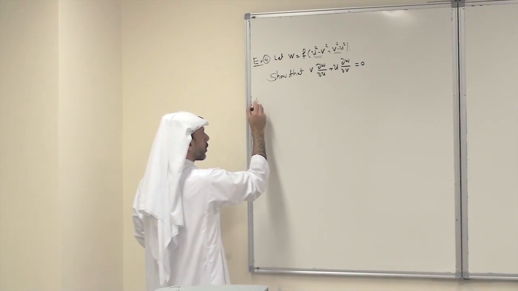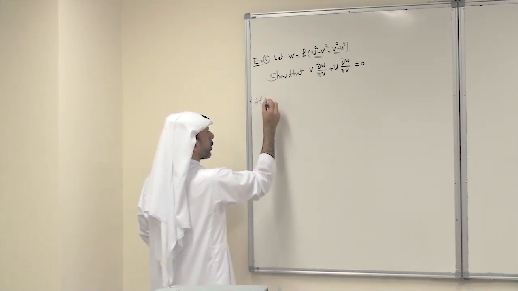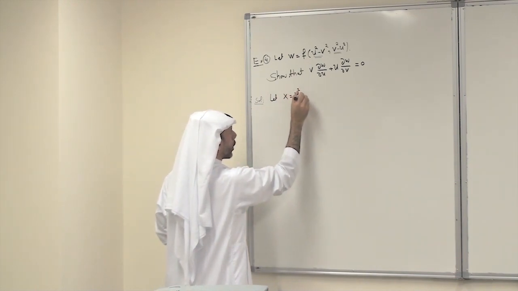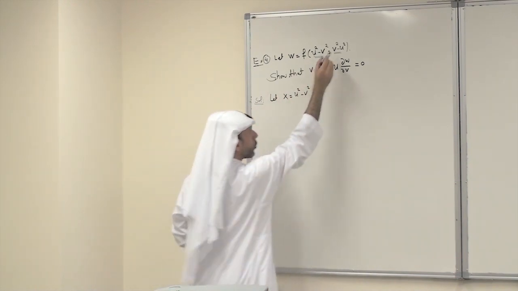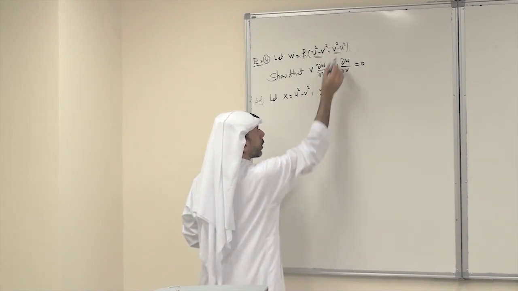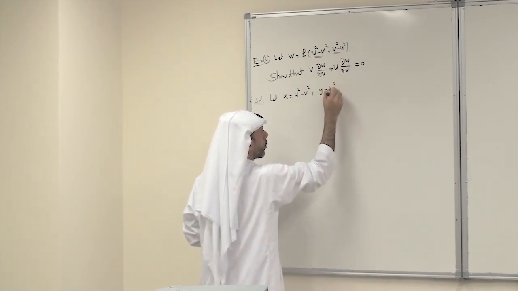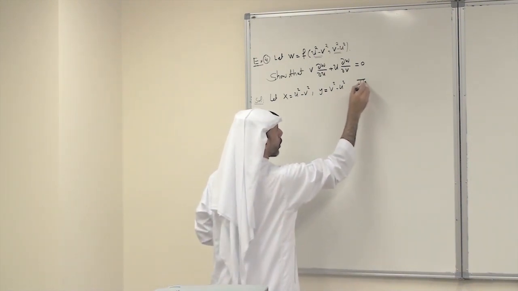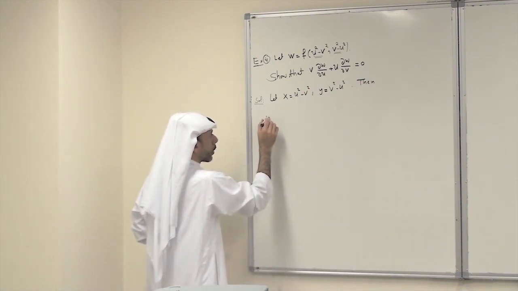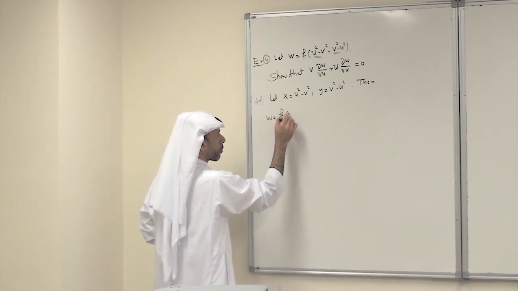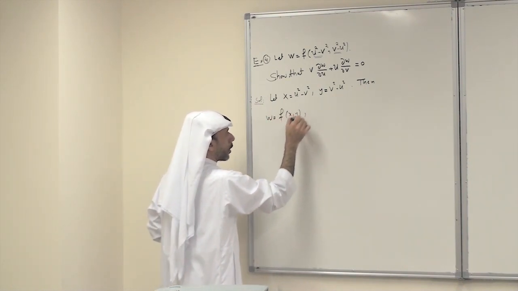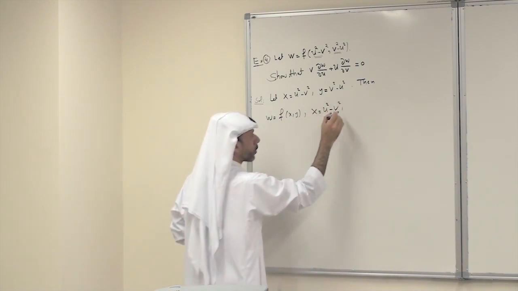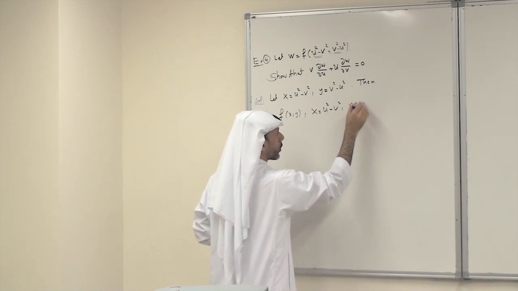So, solution: first, let x equal u squared minus v squared, and y be the other quantity, which is v squared minus u squared. Then we have w equals f of (x, y), where x is u squared minus v squared, and y equals v squared minus u squared.